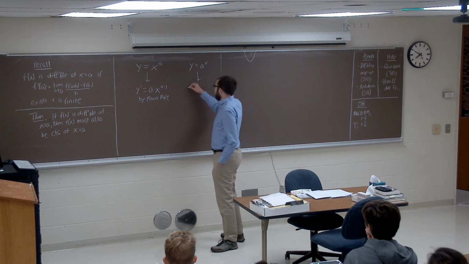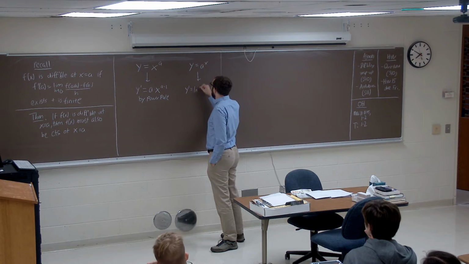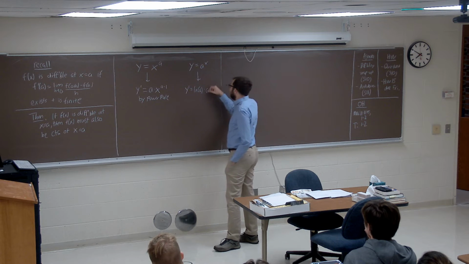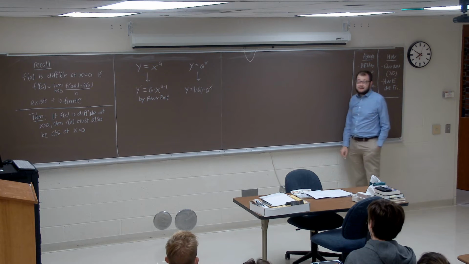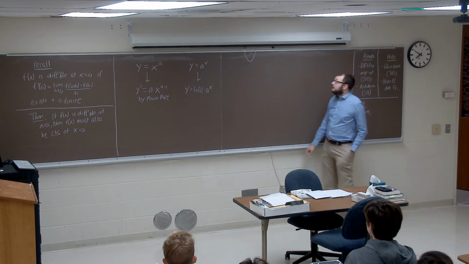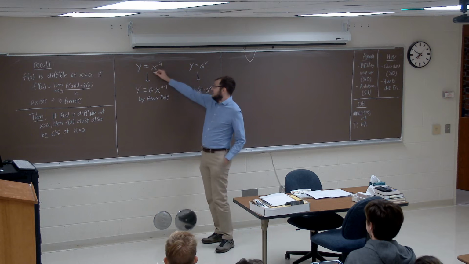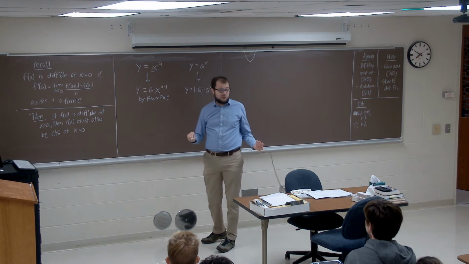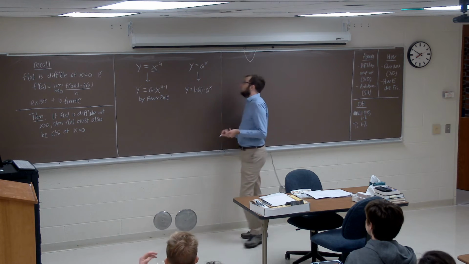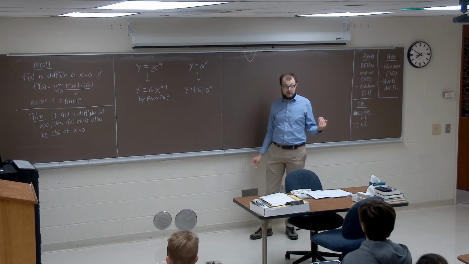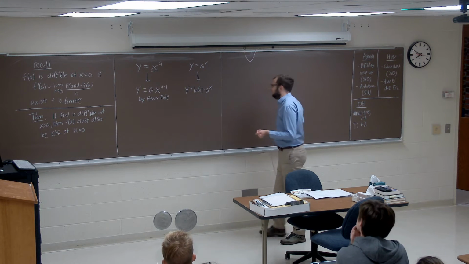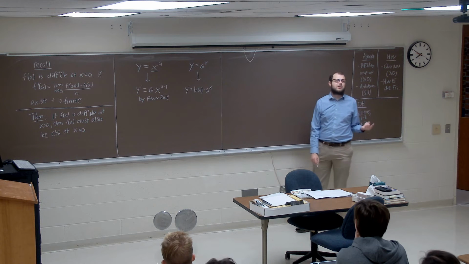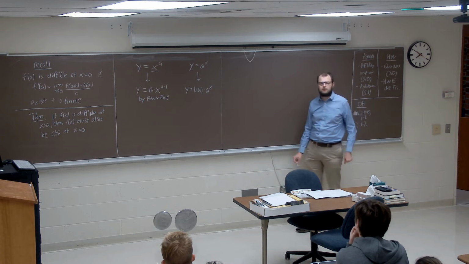Yeah, it's going to be natural log of your base times a to the x power. So something to keep in mind is when your x is in the base, the thing you're raising to a power, you use the power rule. When your x is in the exponent, though, you use the exponential derivative rule. Didn't really have a name. If it had a name, I'd call it the exponential derivative rule.